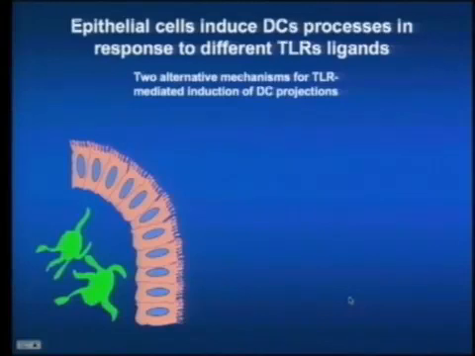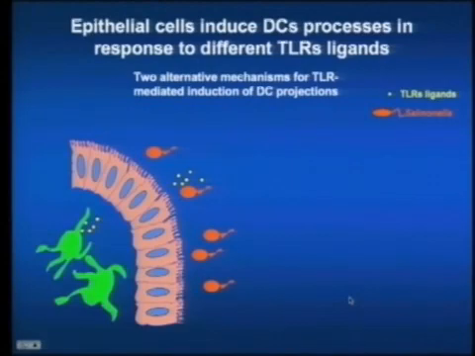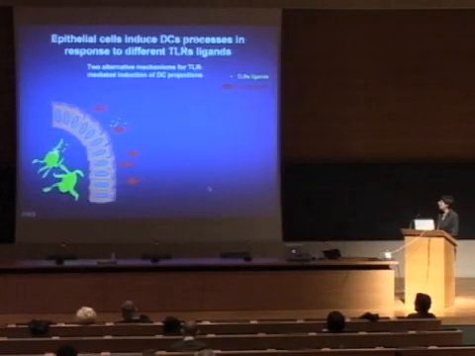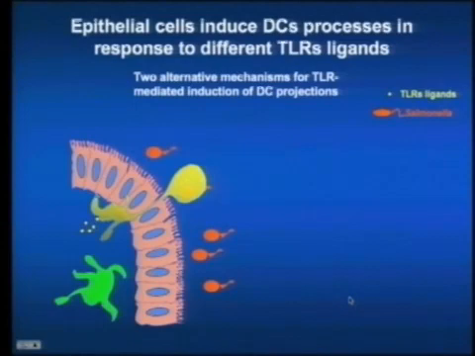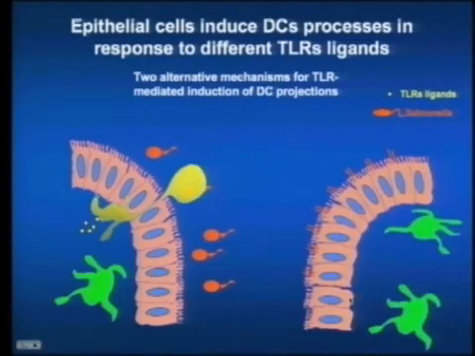So there are two possible mechanisms for driving the DC protrusions. One is a direct mechanism in which either bacteria or bacterial ligands can interact, after transcytosis, with the dendritic cells from the luminal side, and these dendritic cells are induced to transmigrate. A second possibility is an indirect mechanism mediated by epithelial cells.